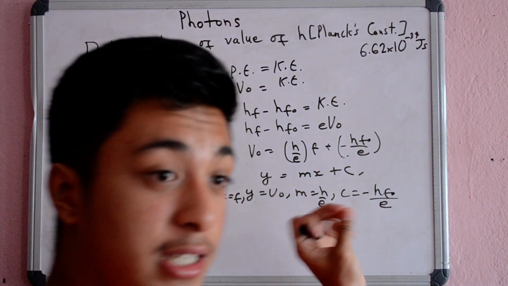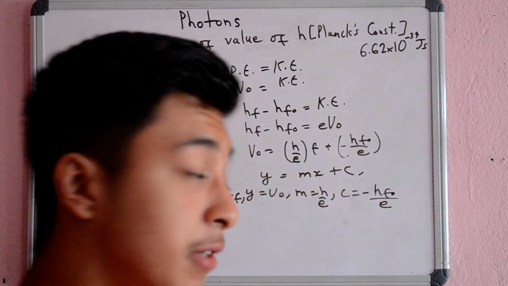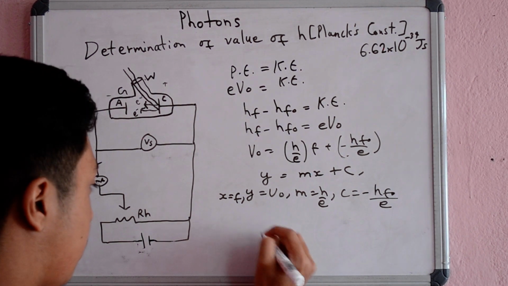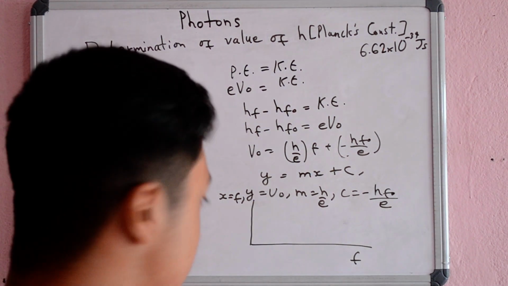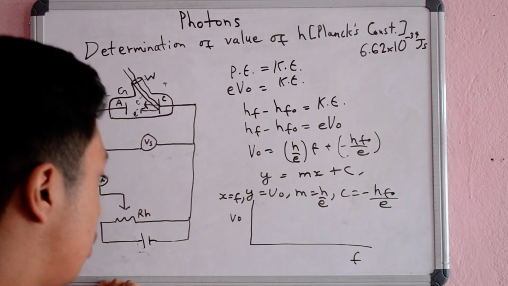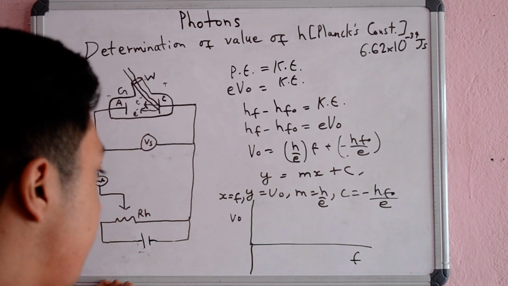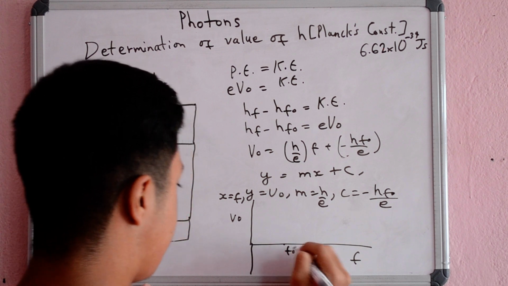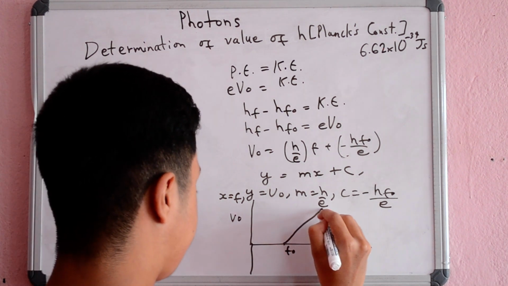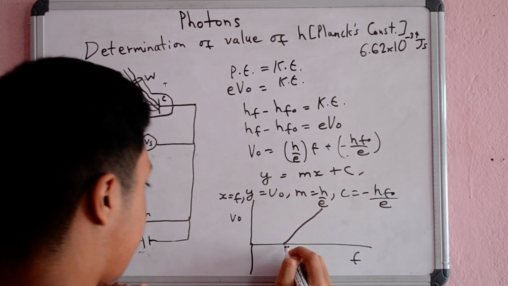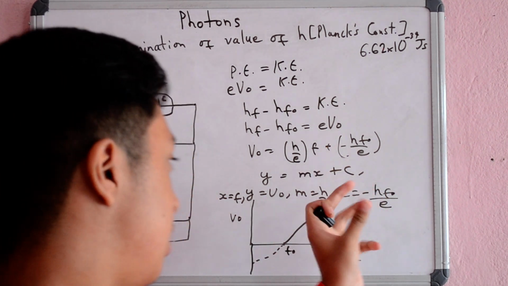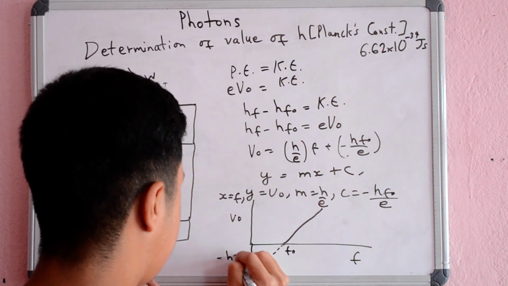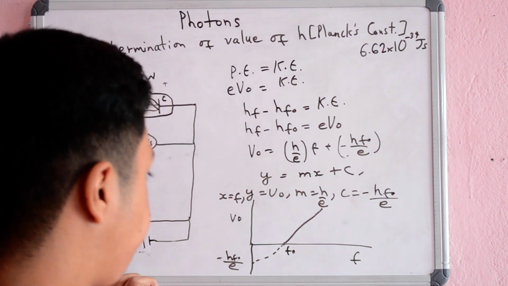So what Einstein postulated theoretically was that the graph between frequency and stopping potential would actually be a straight line starting from f naught right here, like this, and here the intercept would be a negative intercept, which would be equal to minus hf naught by e.